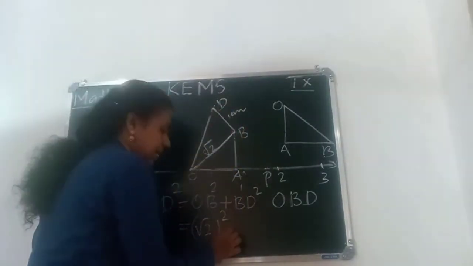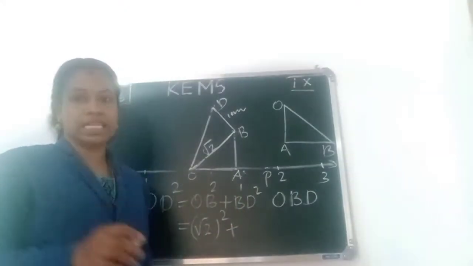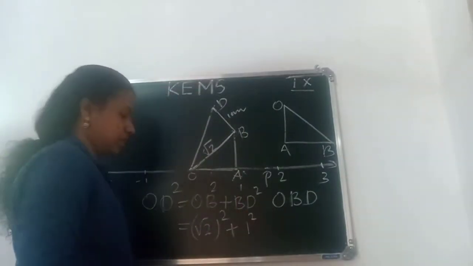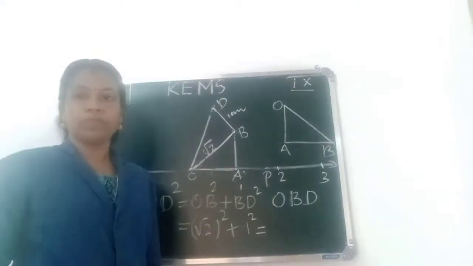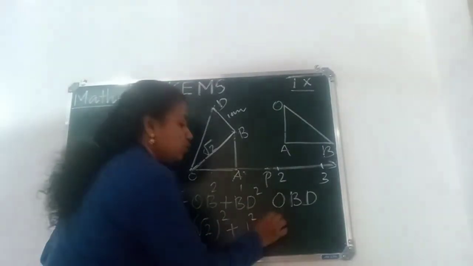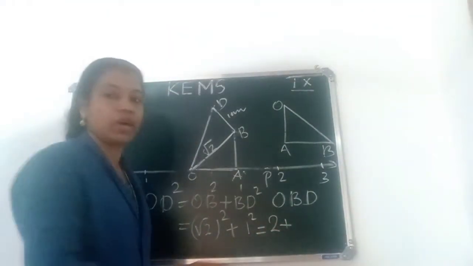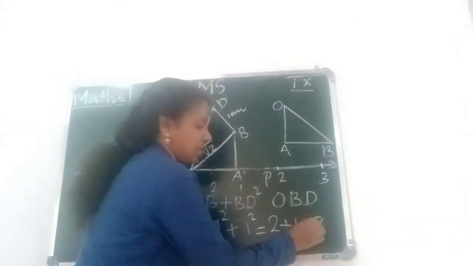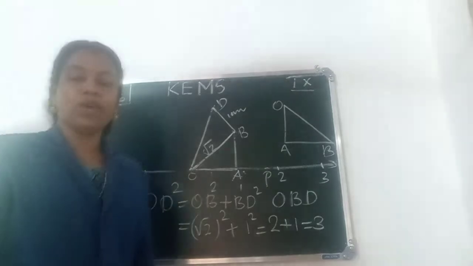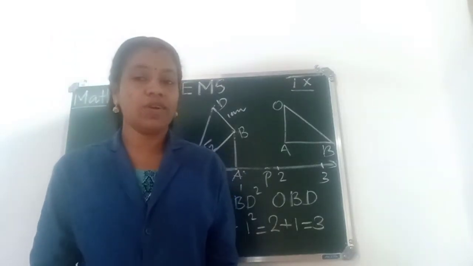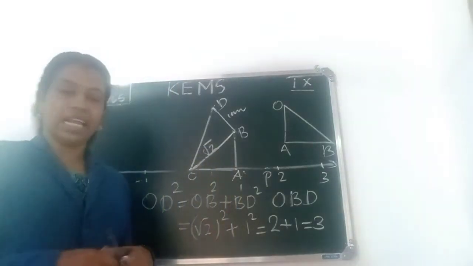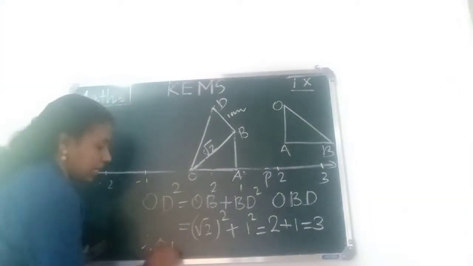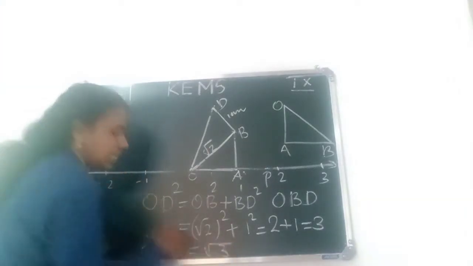BD equals 1 centimeter length, so 1 square. Root 2 square is 2 itself, plus 1 square, 1 itself. So, 2 plus 1 equals 3. So, OD square equals 3. Therefore, OD equals square root of 3. Therefore, OD equals root 3.